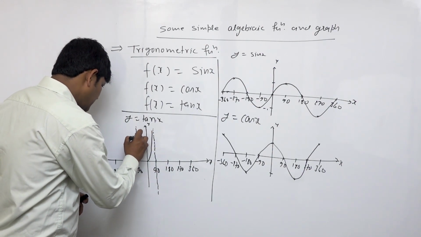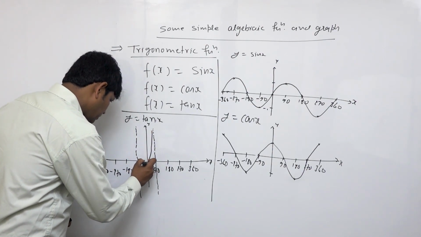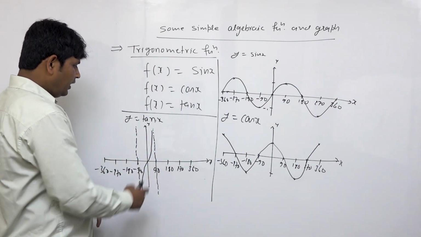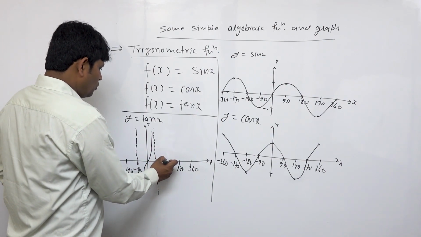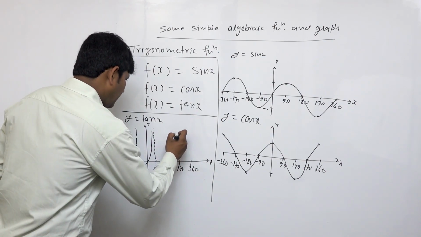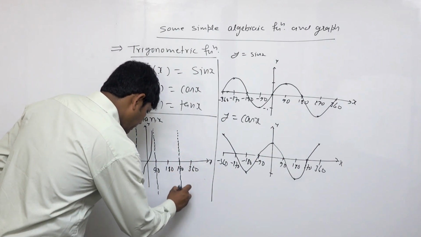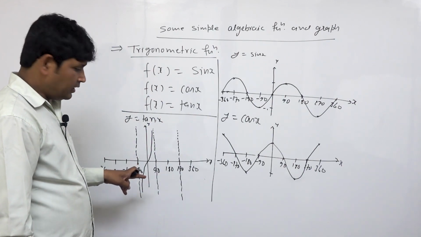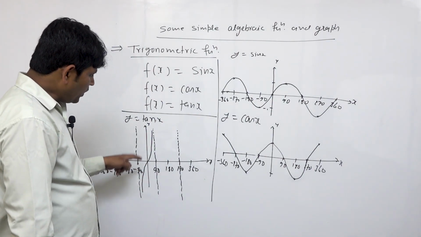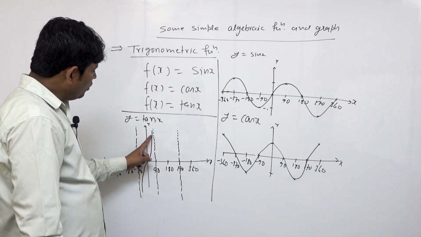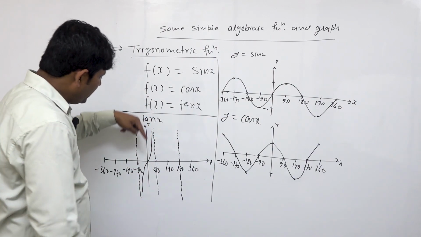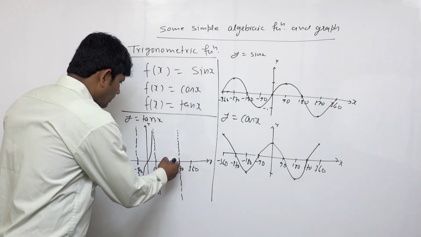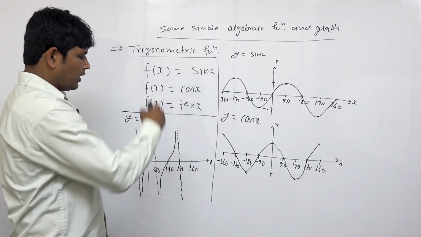And at minus 90 there is also infinity. So it goes like that. Again at 180 it is 0, and it is undefined at 270. If we use a graphic calculator, we can see this graph will go up to infinity and disappear, and it will appear from this side and draw like that.